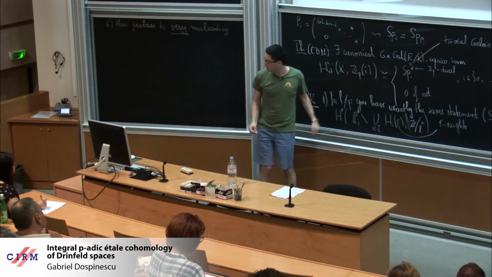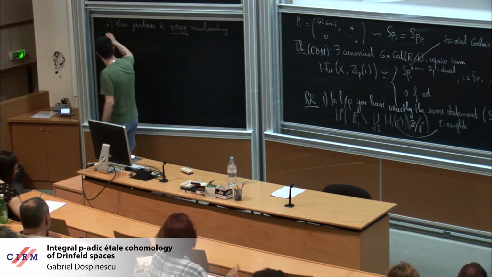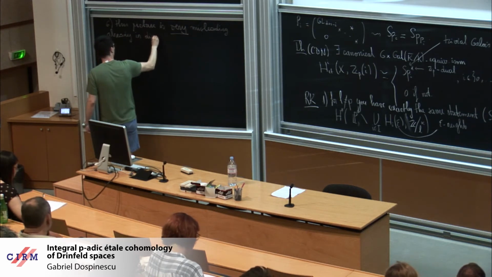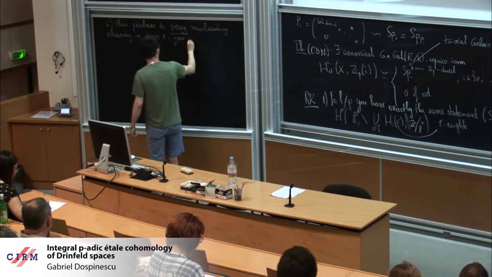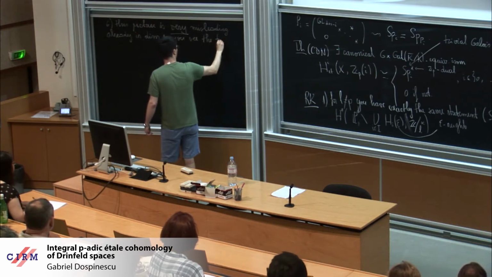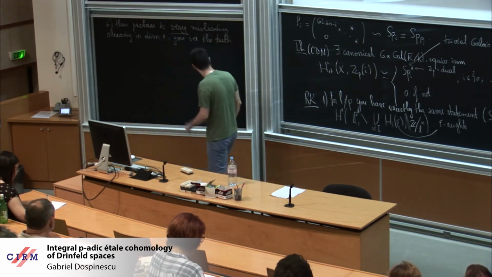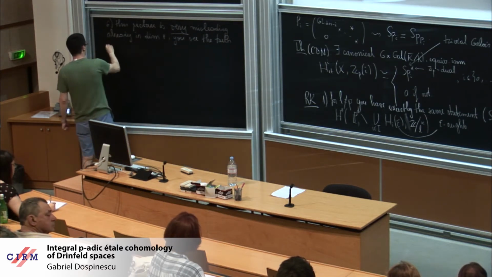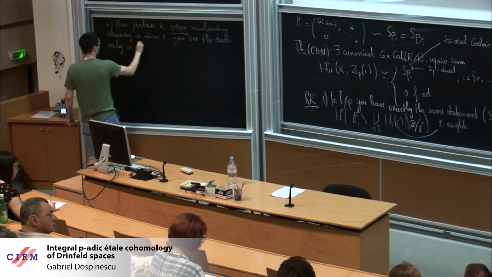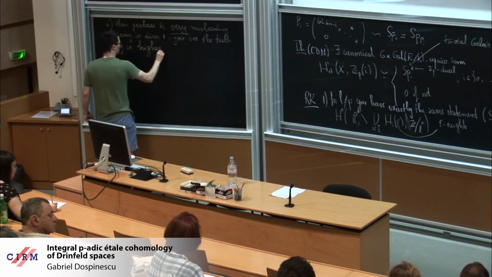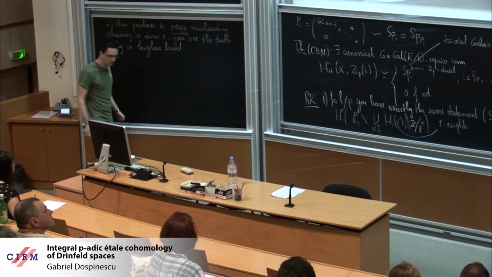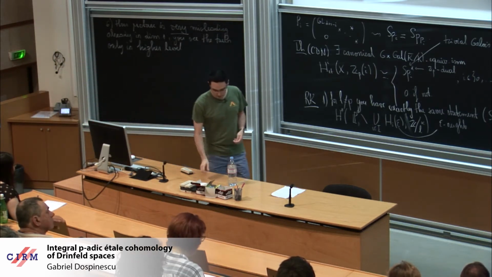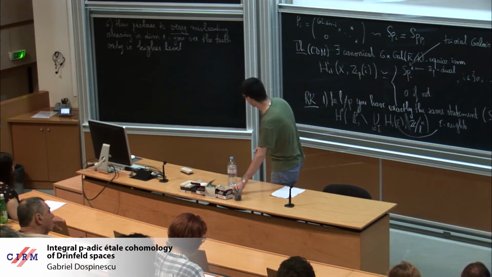However, already if you take dimension 1, things happen, interesting things happen only above level 0. So you see the truth only in higher level, which means that you have to go up in the Drinfeld tower to see really what is happening. And unfortunately, once you quit level 0, things become very, very mysterious.